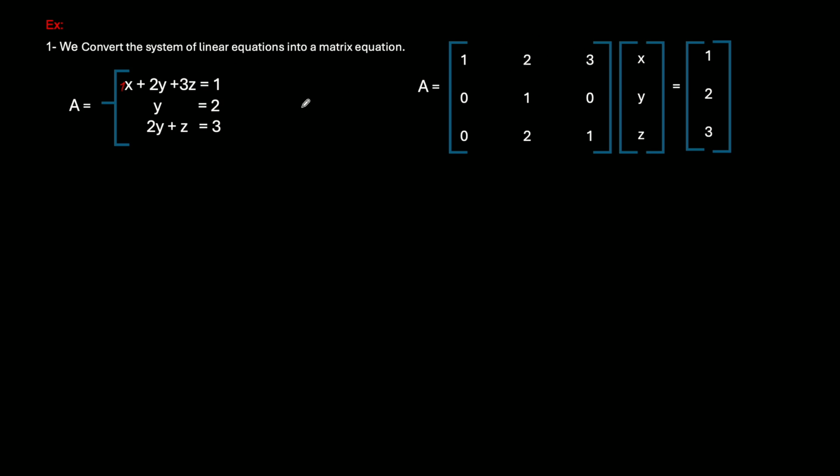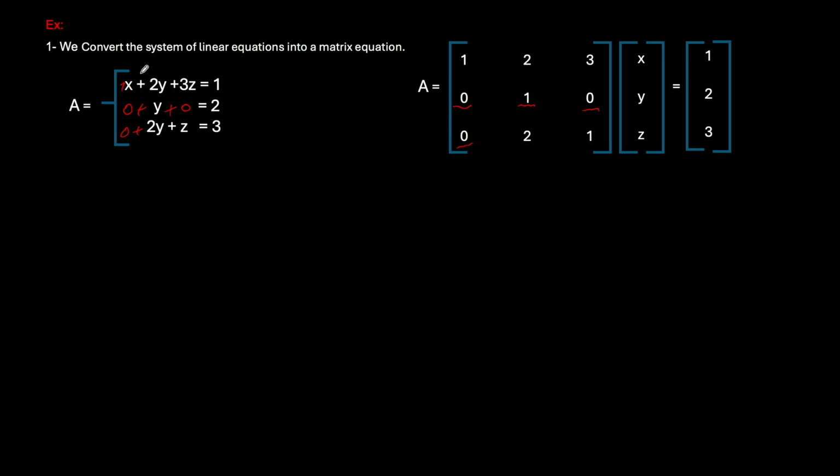If we don't have anything at the position of x, this means we have 0 basically, so we put 0 here. Then we have y, this means we have 1 here. Then if we don't have anything at the position of z also, this means we have 0 here, so we put 0 here. And we do the same here at the position of x, we don't have anything, so we put 0 here. Then we have 2y, so we put 2 here, and 1 here, right?